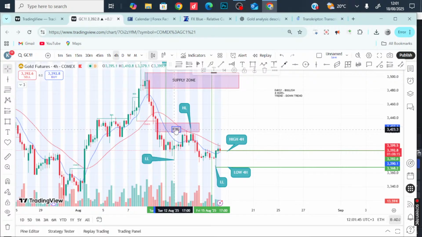So the first step, created a supply zone, created a fair value gap. So on Friday, it was literally a clearance indication. There was a clearance indication that the market was going to go in a downward trend.